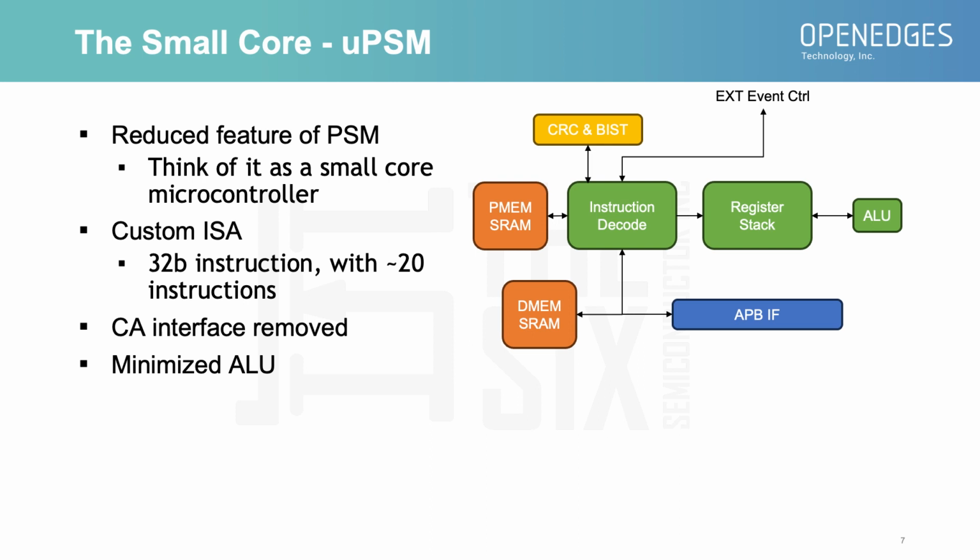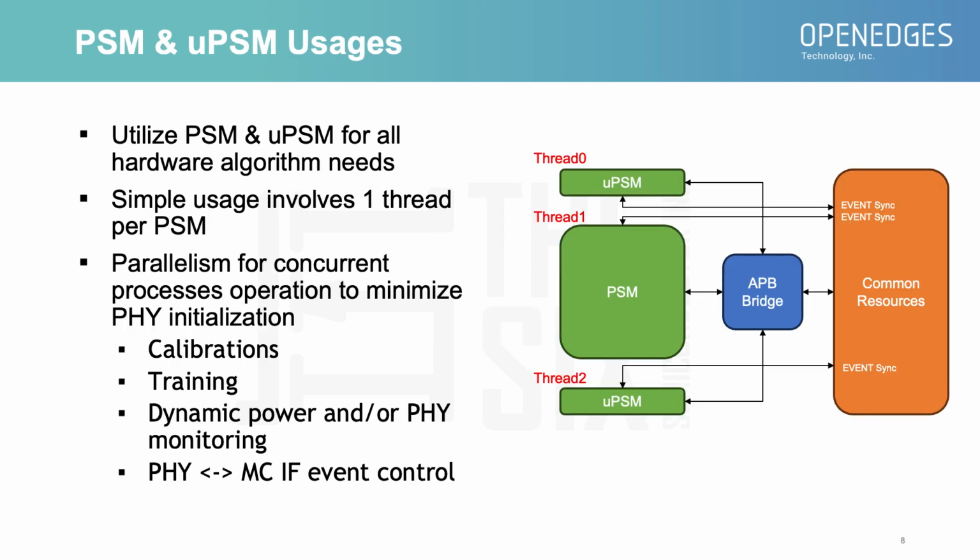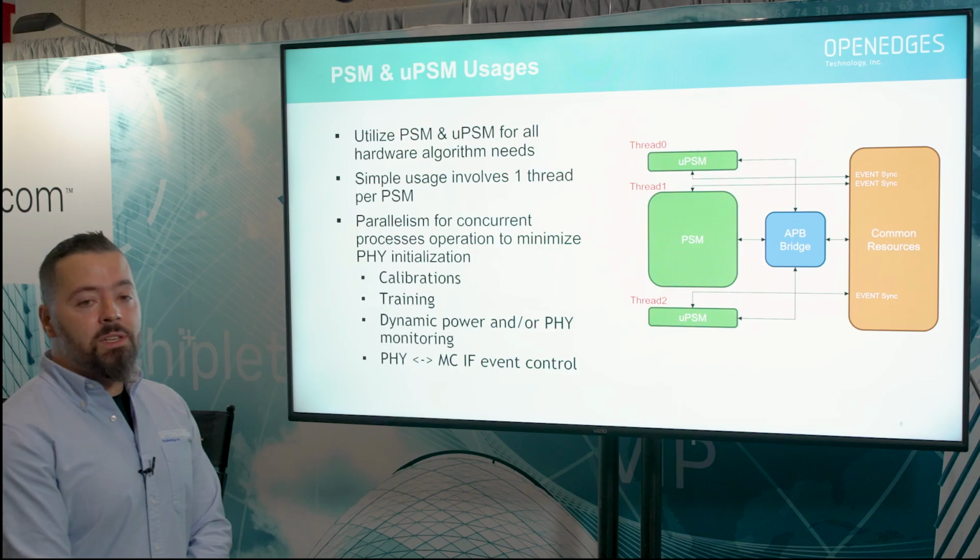How do we use this? Well, it's pretty simple. We identify in the application what the functions are that the PHY has to execute at the same time, in parallel. Based on that, we simply assign functions like threads to our PSMs. For example, we achieve parallelism for concurrent operations to minimize the PHY initialization.